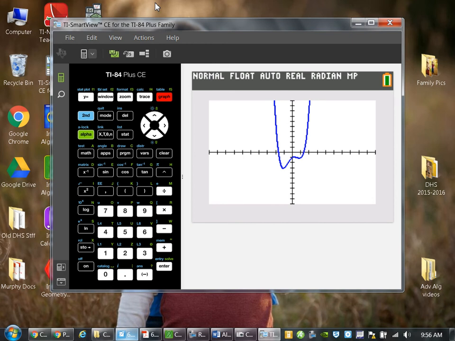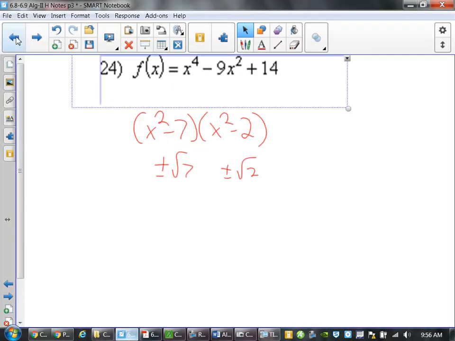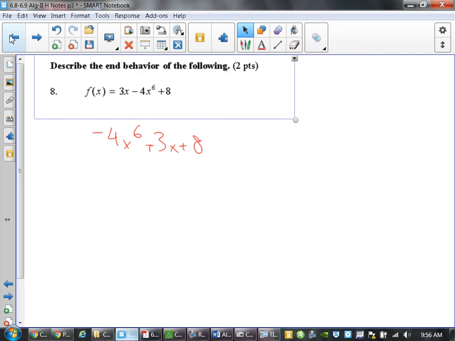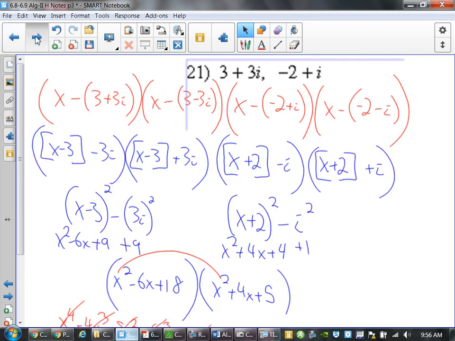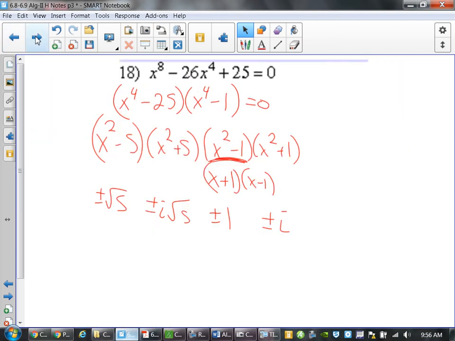For example, if we go back and look at, which one was it? This one. This was an 8th degree polynomial, which meant we could have up to 7 possible changes in direction. What you'll notice here is if you looked at this in a graph, it's kind of cool.